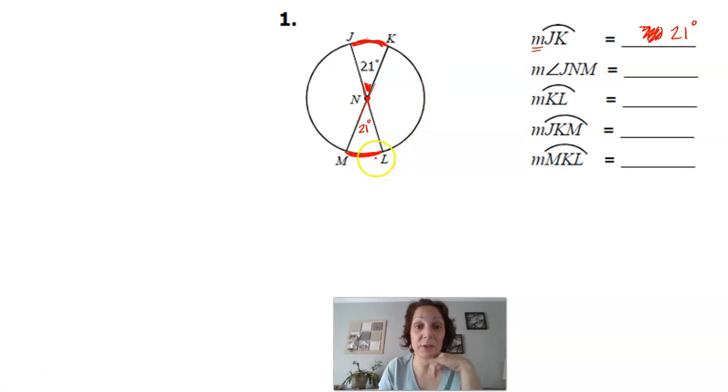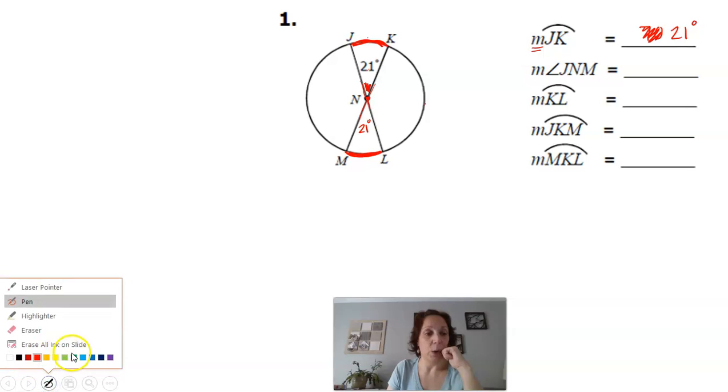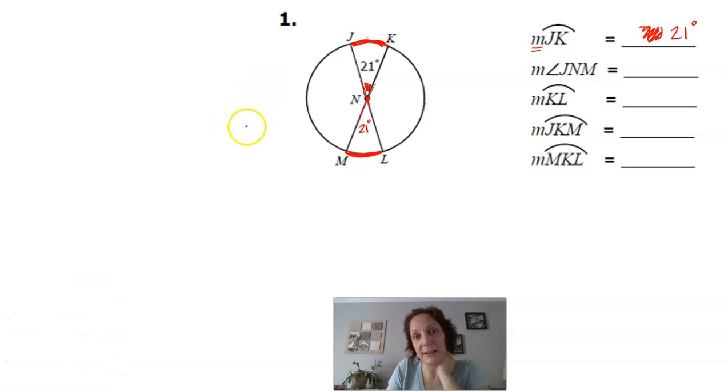Right. So they didn't ask us for this little arc. Great news though. I can use it to find all the things they asked me about. Notice that all of these arcs they asked about involve these two pieces here. And I don't know what they are, but I can figure them out because I know that these guys are 21, right? So you can either use the 360 idea or you can use the 180 idea, right?